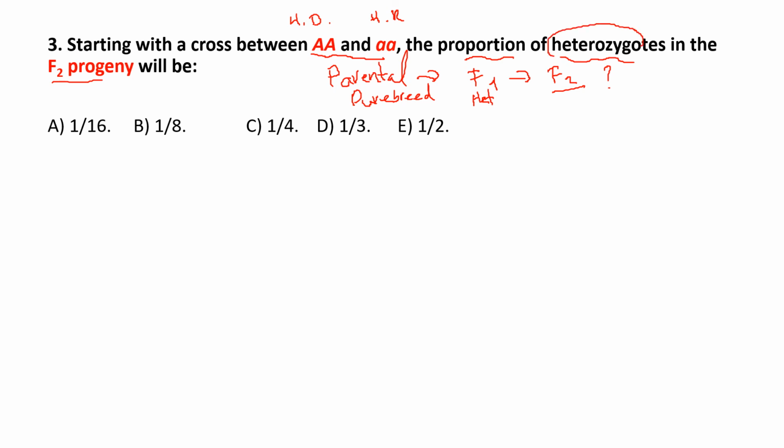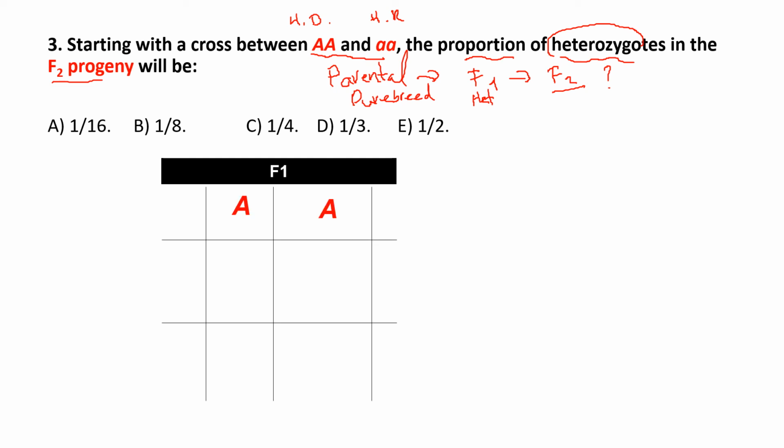Okay, so let's start doing it. So you have your F1, here you have your parentals, and remember you segregate the two alleles during gamete formation, and then they unite during fertilization, and you get these proportions.